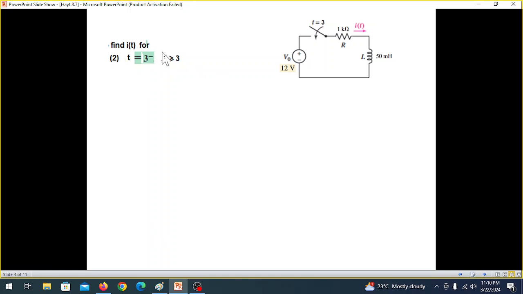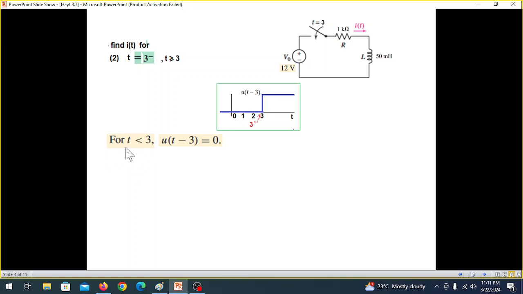Now we go to part 2. Find i for t is equal to 3 minus. What is 3 minus? If you look at this circuit changing, it is just slightly before 3. That means the value is 0. And so we can say that for t less than 3, u(t minus 3) is 0.